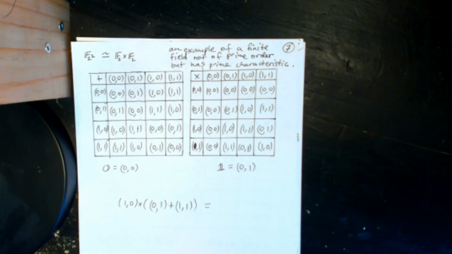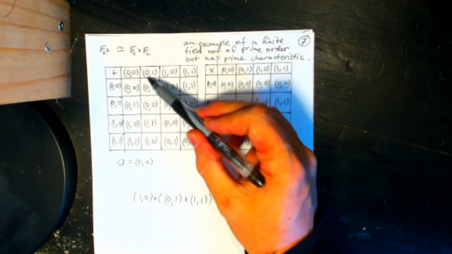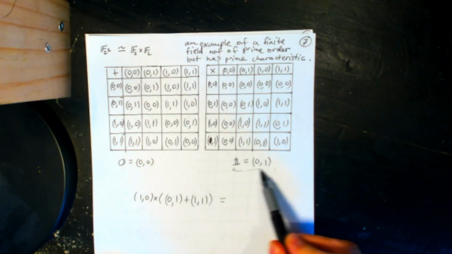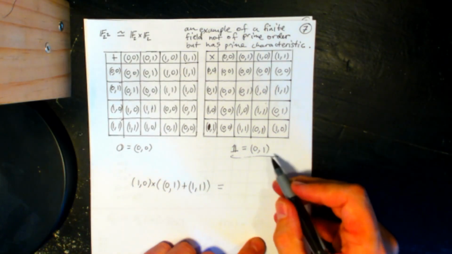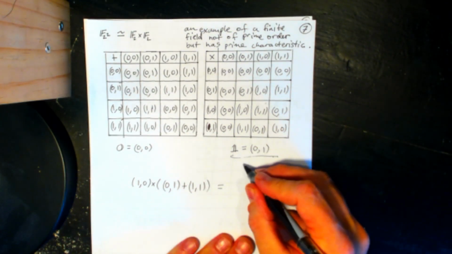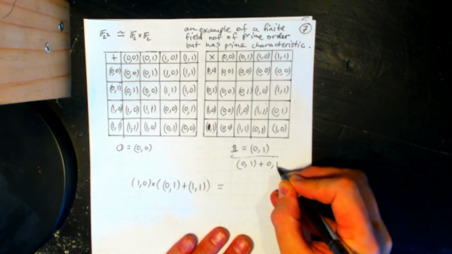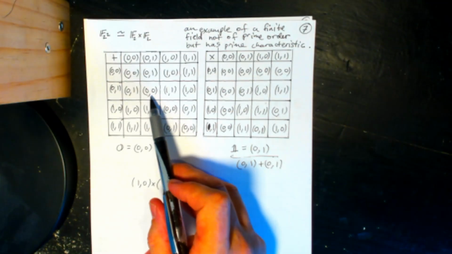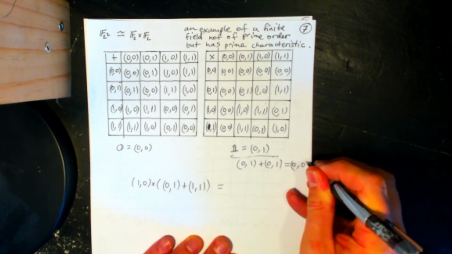Okay, and remember the characteristic of the field here. So in this case, this element is acting as the number 1. So if we add this to itself, so 0, 1 plus 0, 1, if we just look in our Cayley table here, we get 0, 0 here.